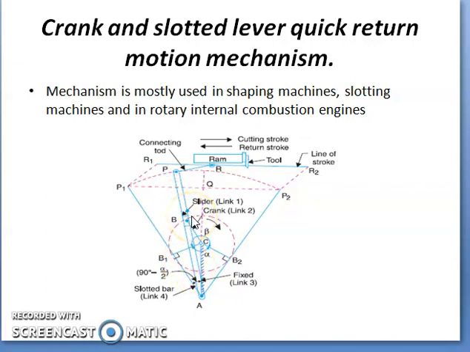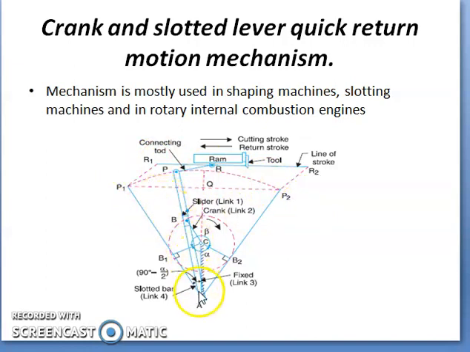At the same time, since the crank is rotating, the slotted bar will rock between the two positions P1 and P2. So P1 is one extreme position and P2 is the other extreme position.